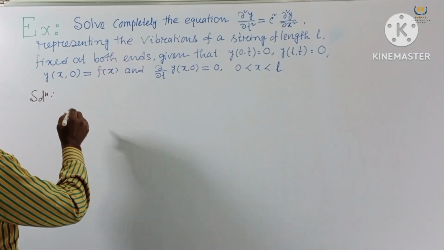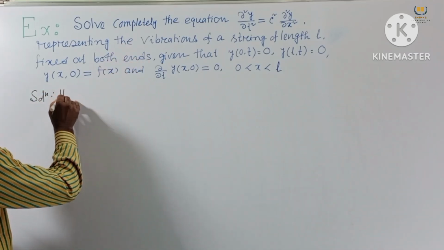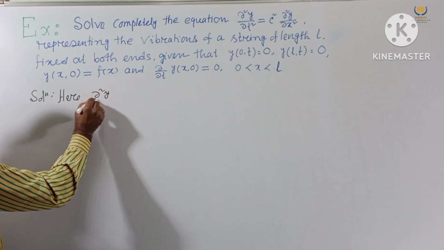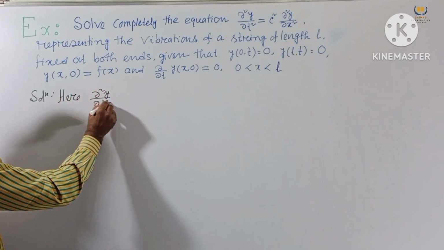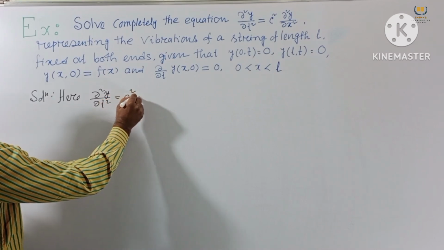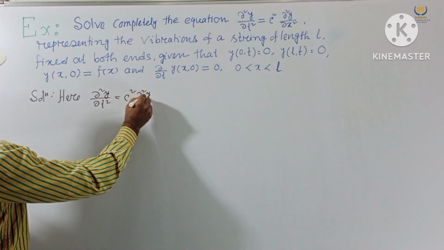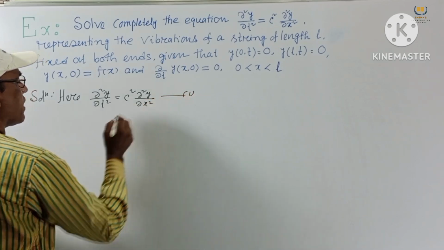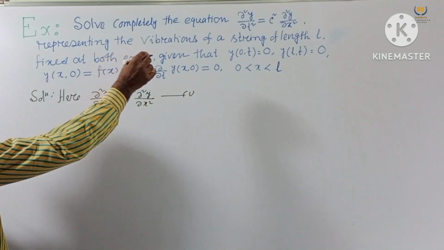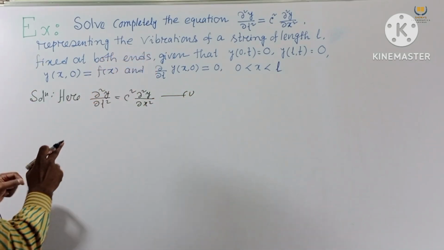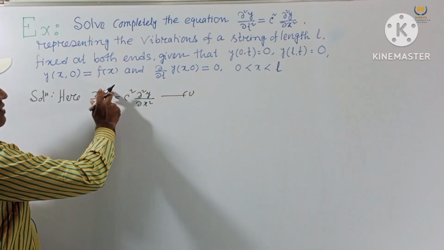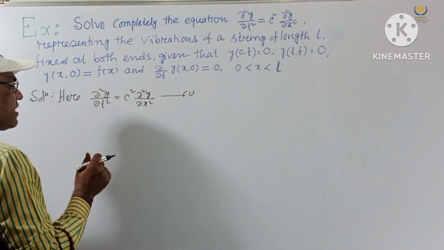So first we consider what is given: ∂²y/∂t² = c² ∂²y/∂x². This is number 1. And our function is of t and x, so y is a function of t and x.